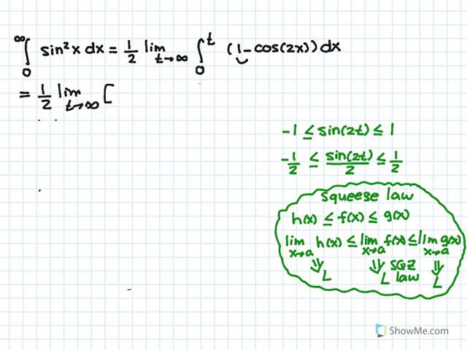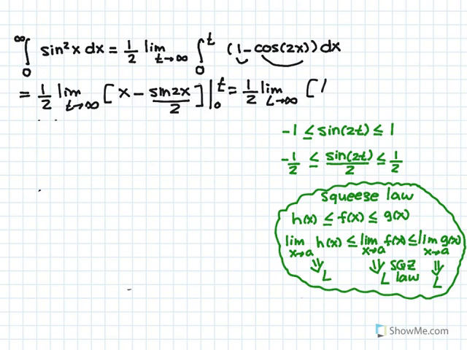Well, the antiderivative of 1 is just x, because the derivative of x is 1. What is the integral of cosine 2x? That's going to be sine 2x divided by 2. We divide by 2 because we're reversing the chain rule. And we apply the fundamental theorem of calculus from 0 to t. That's going to give us 1 half times the limit as t goes to infinity.